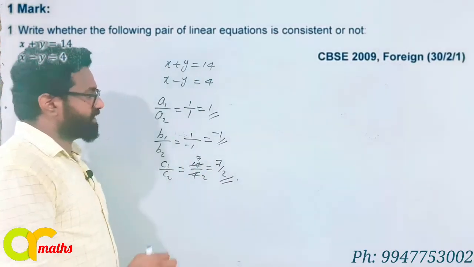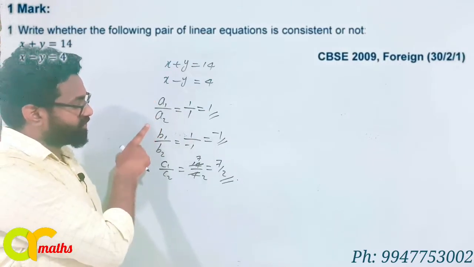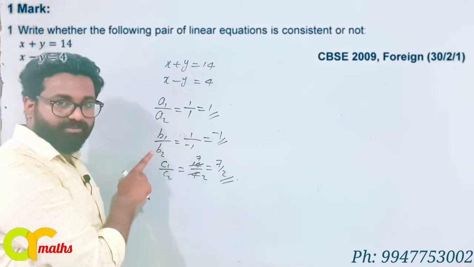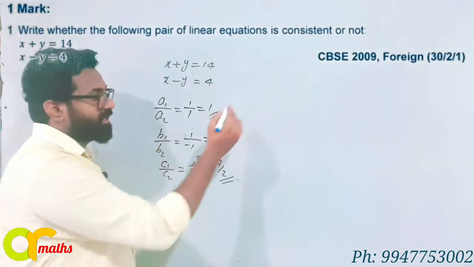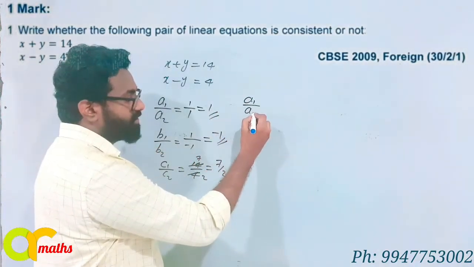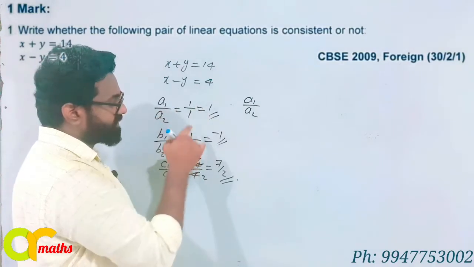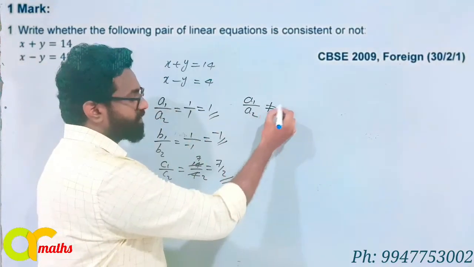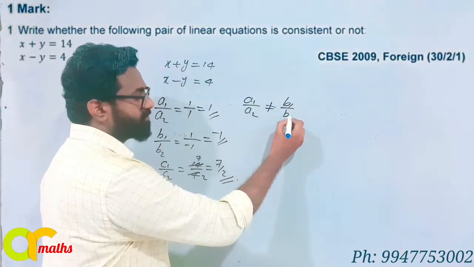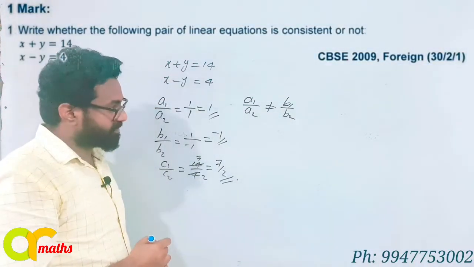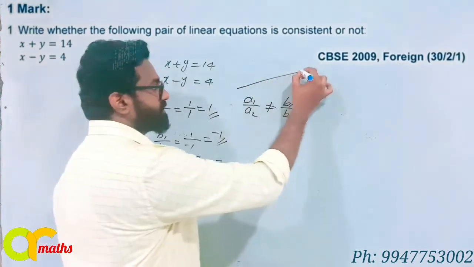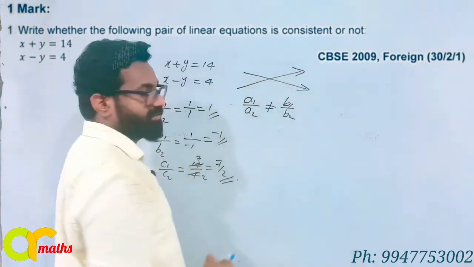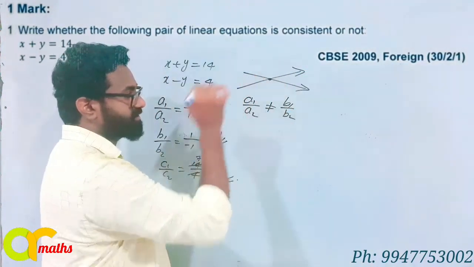Here we can say that a1 divided by a2 is not equal to b1 divided by b2. That means how many solutions? This is the case of two intersecting lines.